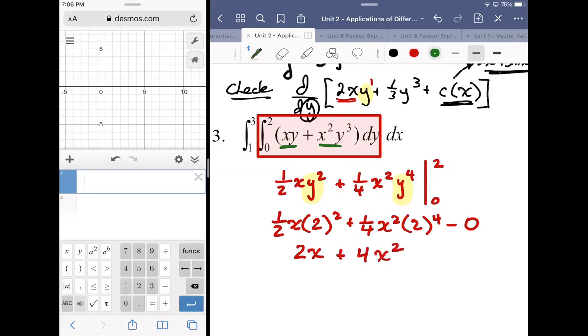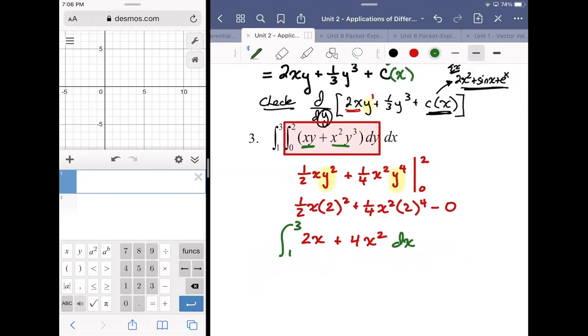All right, so that's my first antiderivative, specifically the definite integral over the interval of 0 to 2. Now I'm going to integrate the remaining expression over the interval of 1 to 3 with respect to x.